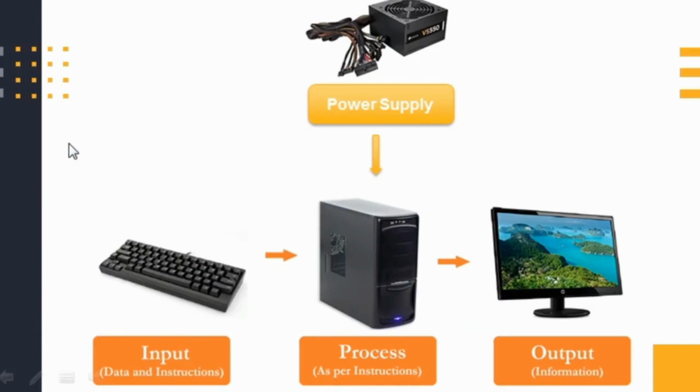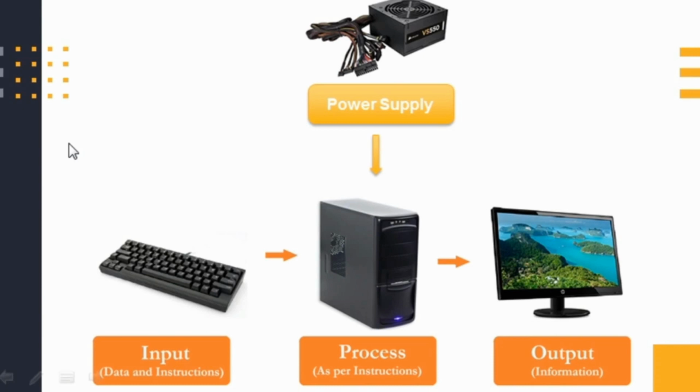As we all know, these are the basic components of a computer: input-output devices, CPU, monitor, everything. First, by giving the power supply, the system starts to work, and then we can give input using a mouse or keyboard.